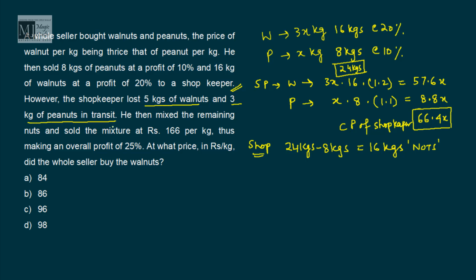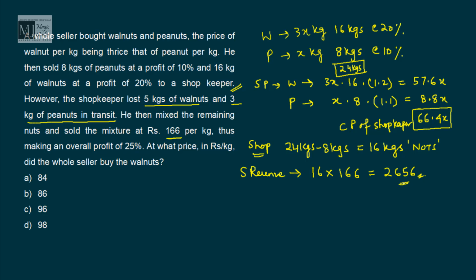He then mixed the remaining nuts and sold the mixture at rupees 166 per kg. So what is the sales revenue as far as the shopkeeper is concerned? 16 into 166, isn't it? That should be 2656, thus making an overall profit of 25%.